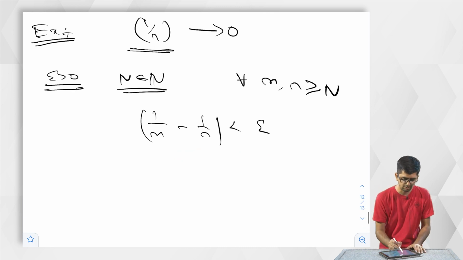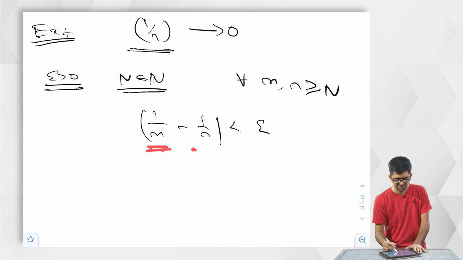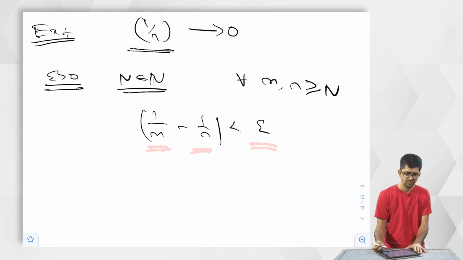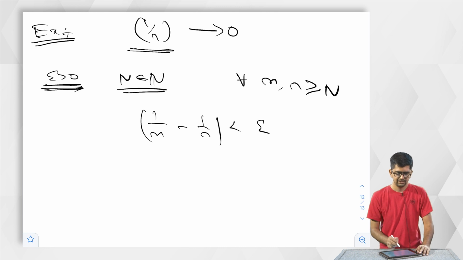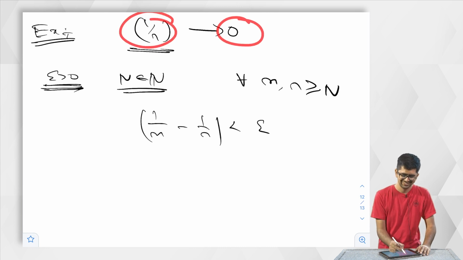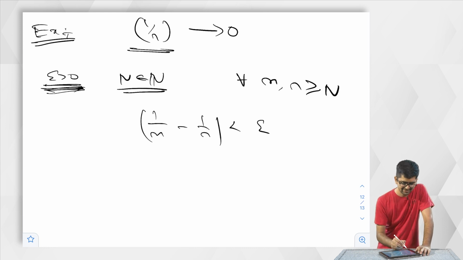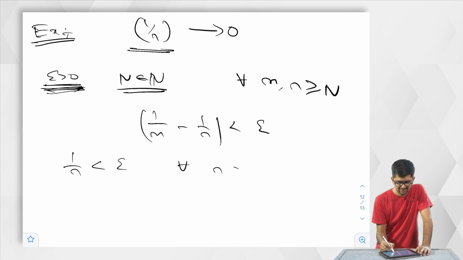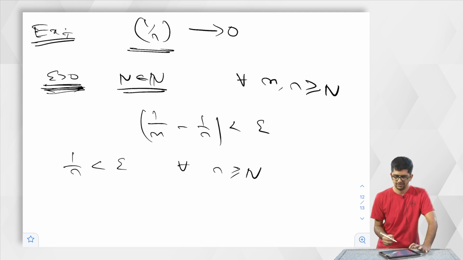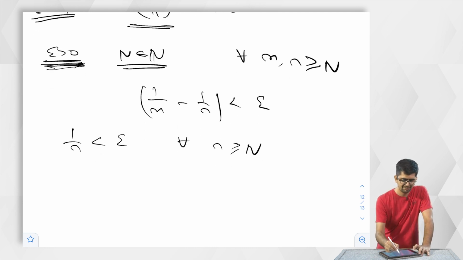Now, we already know that this converges to 0. So, given epsilon positive, one can always find some N belongs to N such that 1 by n is less than epsilon for every n greater than or equal to N. So, maybe one can use the same N here.